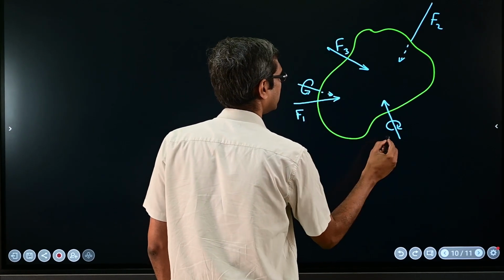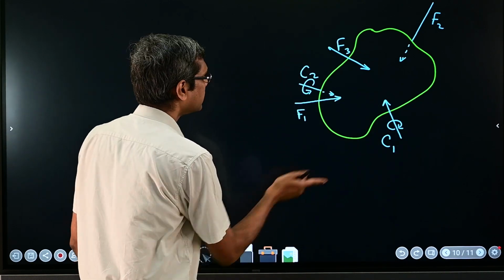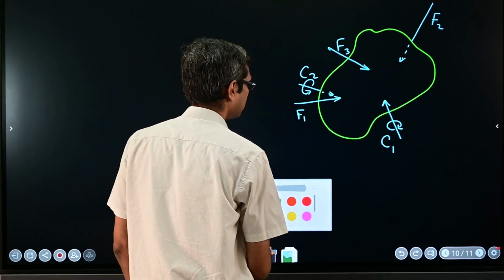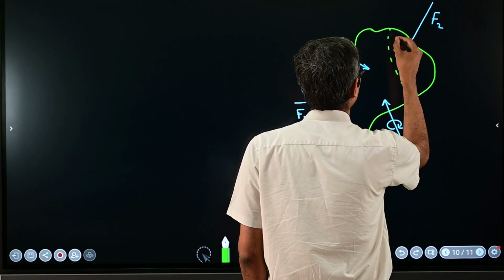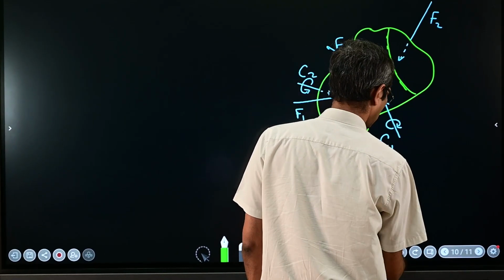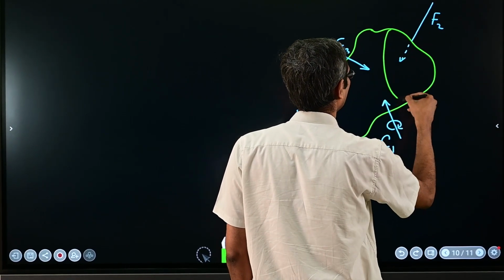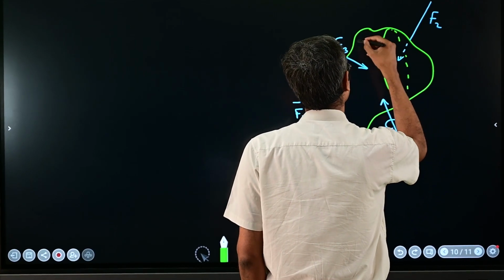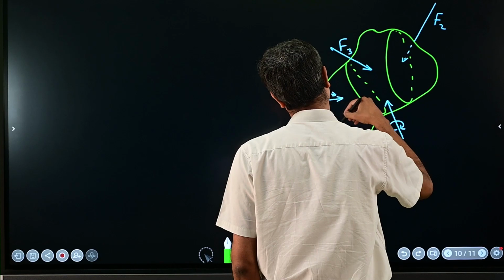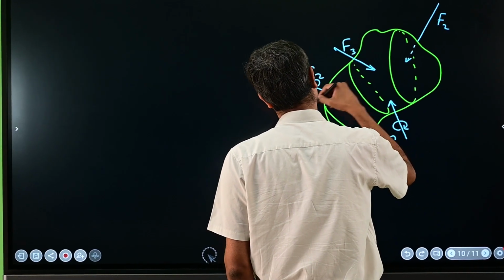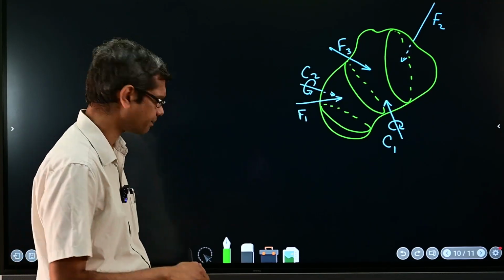Say this is C1 and this is C2, etc. And this is a 3D body. Let me try some representation of this 3D body. Maybe something like that. So this is a 3D body on which various forces are acting.